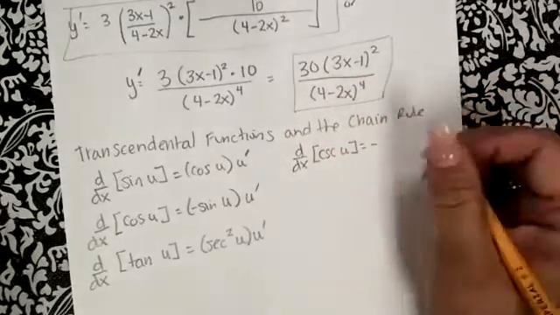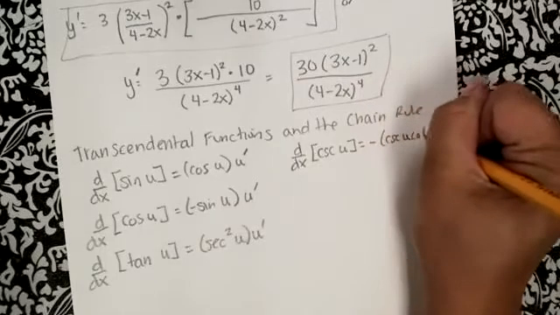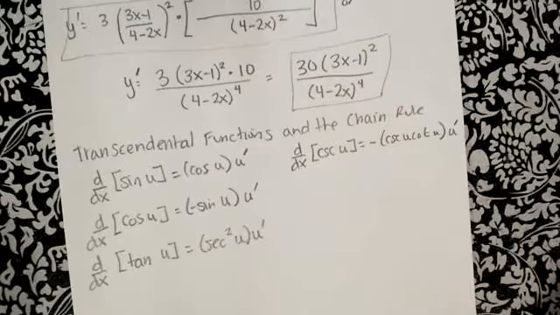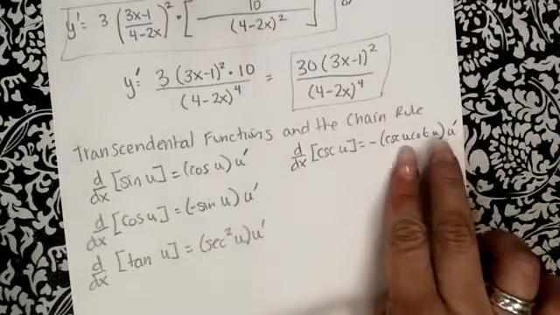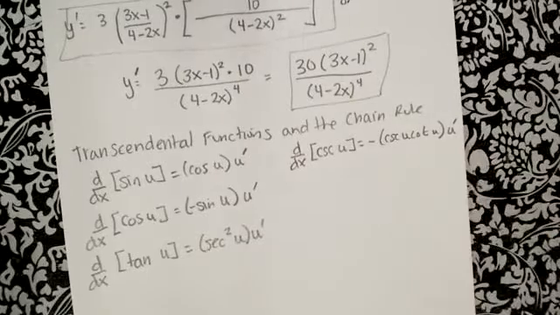Now the derivative of cosecant is going to be negative cosecant of the argument, cotangent of the argument, times the derivative of the argument. So it's cosecant of the argument and cotangent of the argument, and then don't forget it's negative. And then the derivative of the argument.